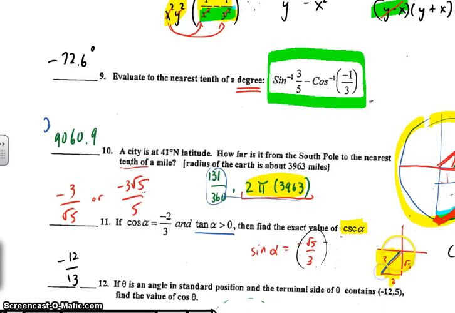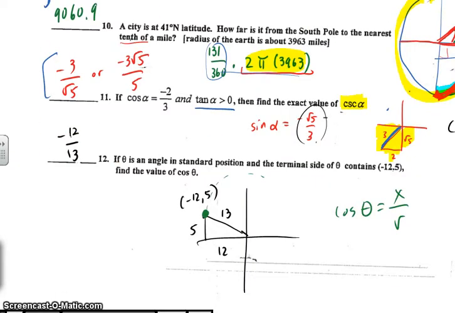That means I'm down here in the third quadrant. All right, the cosine could be negative up here in the second quadrant, but since the tangent is positive, I'm in the third quadrant. And I can see that the sine of this angle is negative root 5 over 3, and thus the cosecant is 1 over the sine. It's the reciprocal. It's negative 3 over root 5. Or if you rationalize, you get negative 3 root 5 over 5.